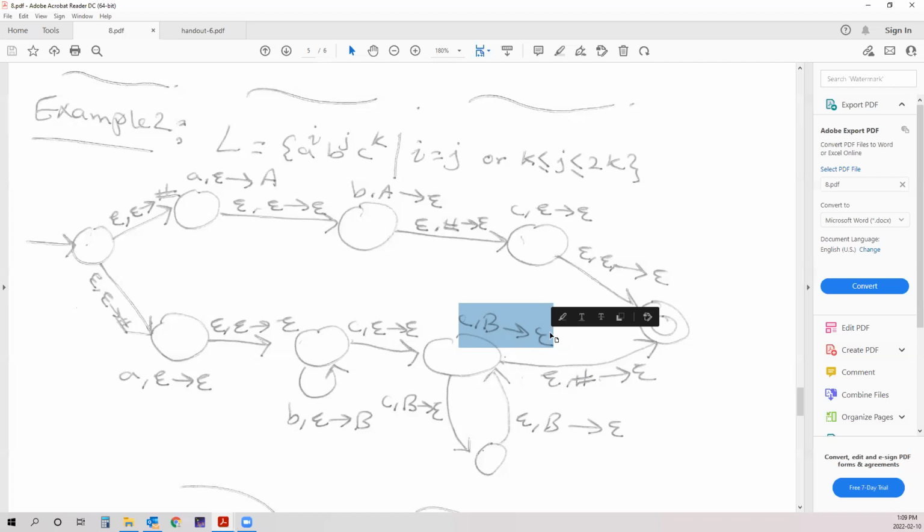But what if I have more b's? What I will do then is, at some steps, pop two b's till we reach the empty stack. Then we go to the end. Question about this example?